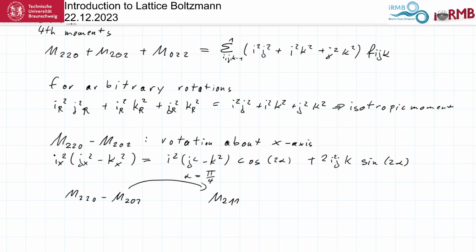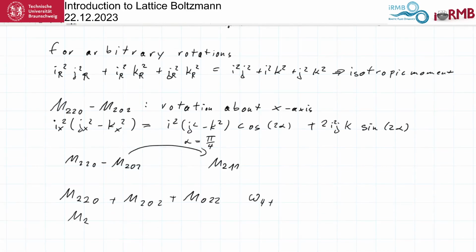So physically they should behave the same, but since the lattice has the anisotropy by a rotation of pi quarter, we put them into different categories, and so we have here three different moments, namely the moment M220 plus M202 plus M022. It gets the rate omega 4 plus.